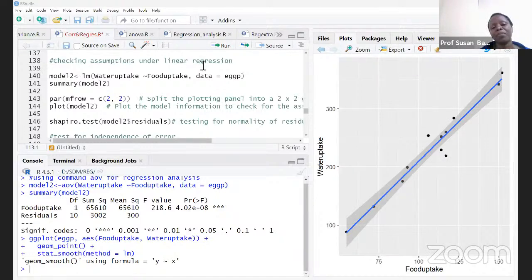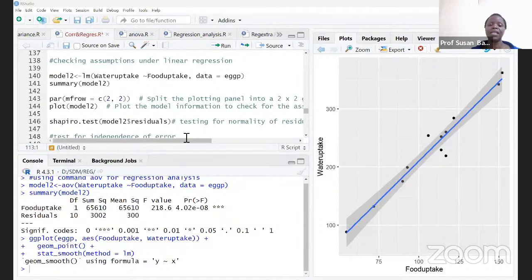You will see a command model 2 assign. Instead of AOV, change it to linear model, LM. Only that. Change to LM. And then, if that is done, let's run line 140 or the line that is in your script, and also the model summary, which we've already had.